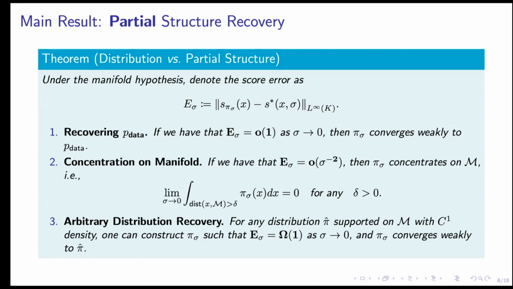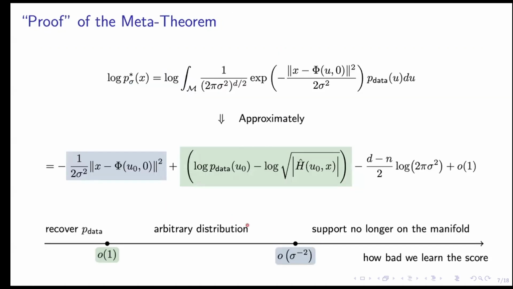How this reflects what's happening in practice is that we believe the current diffusion model operates in the middle regime, because we see in practice that you usually cannot learn a perfect score when sigma goes to 0, and it can actually diverge.